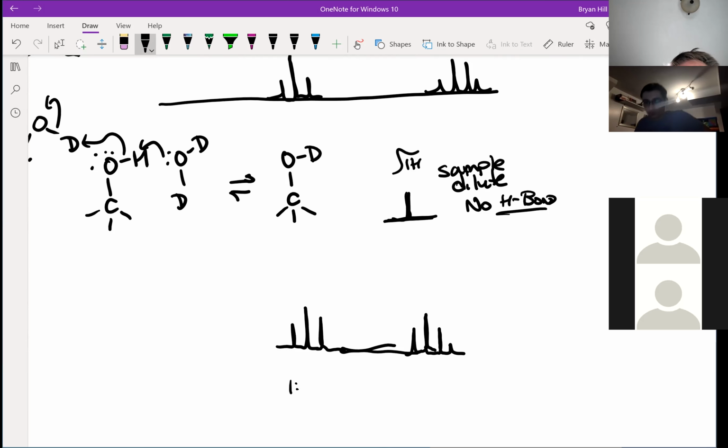It's supposed to be 1 to 2 to 1, or 1 to 3 to 3 to 1.